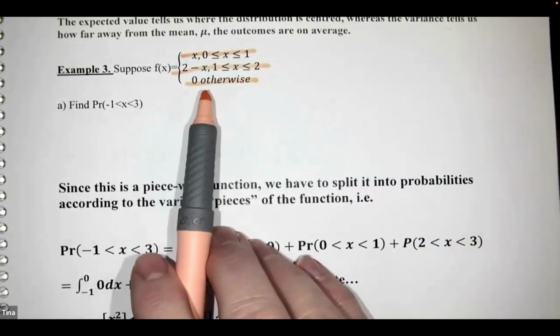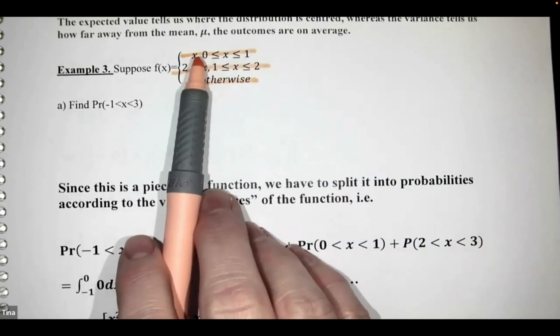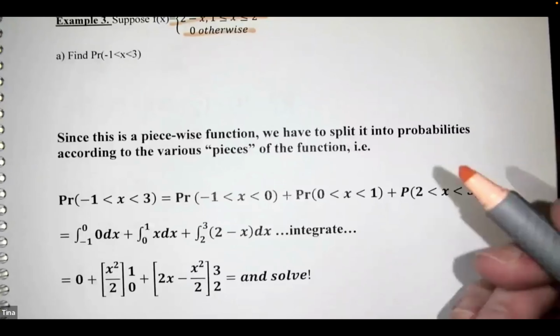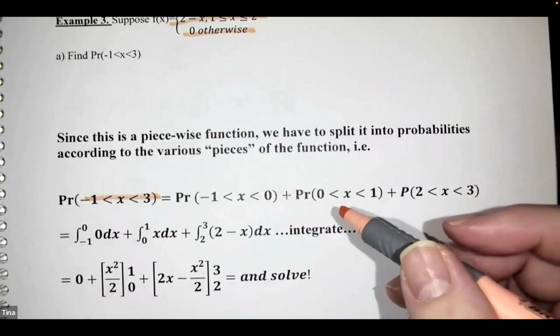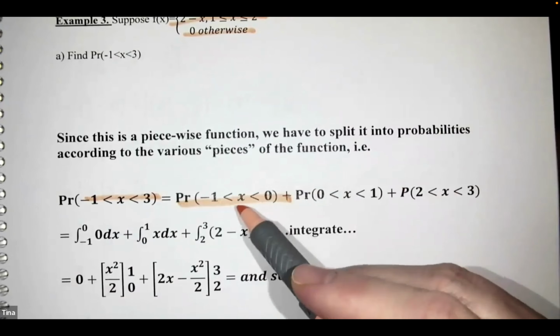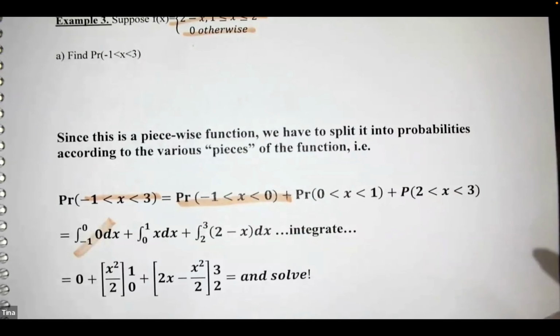If you see how the x values are laid out, the lowest x value is really just going to start at 0. So from -1 to 0, it's just the function 0, right? So we can say the integral of 0, but it's just 0, so we technically don't need it.